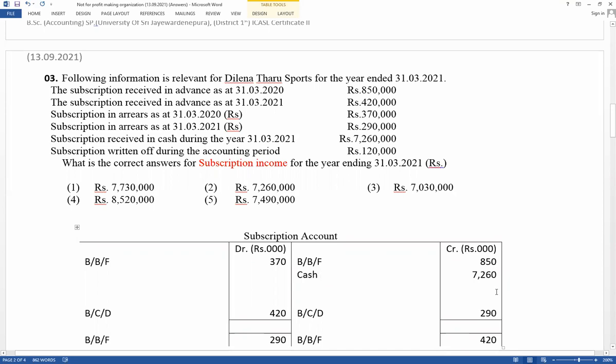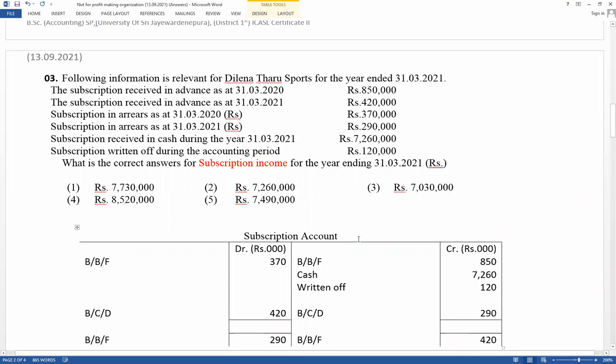What is the double entry? Subscription written off account debit, subscription account credit. That value should be considered as an expense. Therefore, written off should be recorded on the credit side.